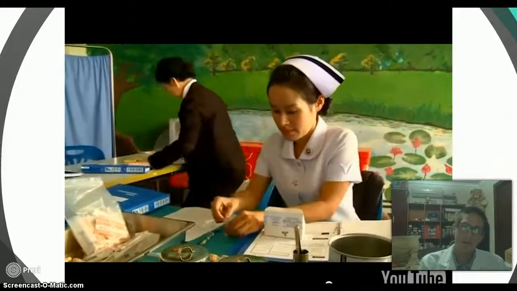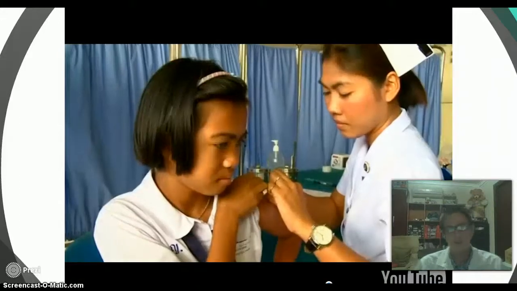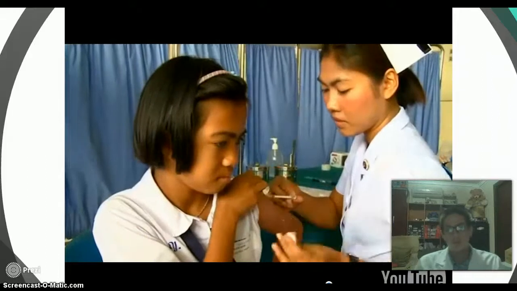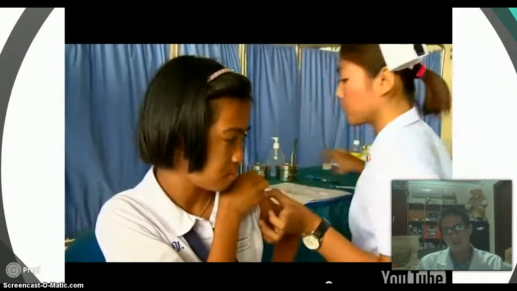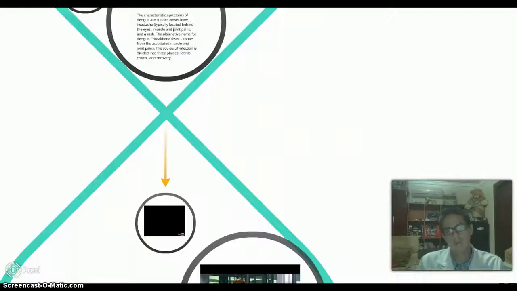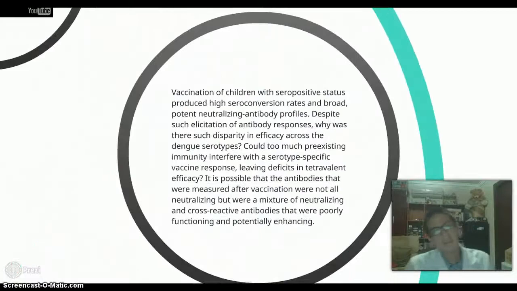Speaking ahead of the study's publication, Sanofi Pasteur's head of research and development, Dr. Nicholas Jackson, described dengue epidemics as a frightening event. Vaccination of children with seropositive status produced high seroconversion rates and broad neutralizing antibody profiles.